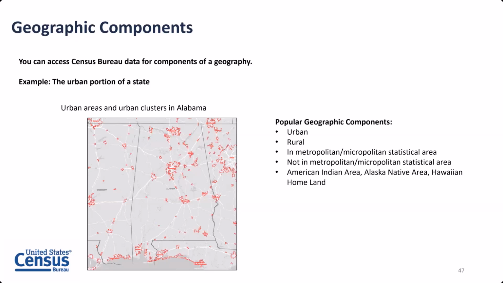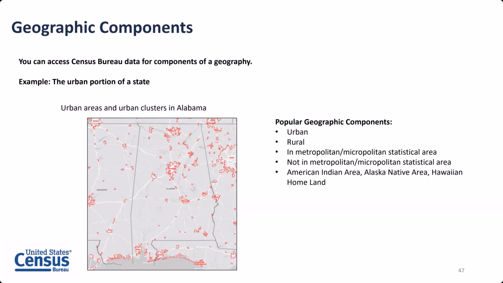So if you were to access data for the geographic component, the urban portion or rural portion of Alabama, it would be adding up the data for either all of the areas shown in red for Alabama, or if accessing data for rural Alabama, all the data for all of the areas outside of the red boundaries.